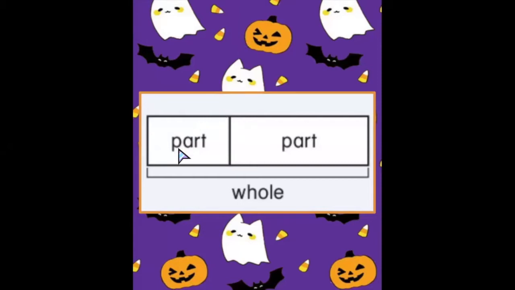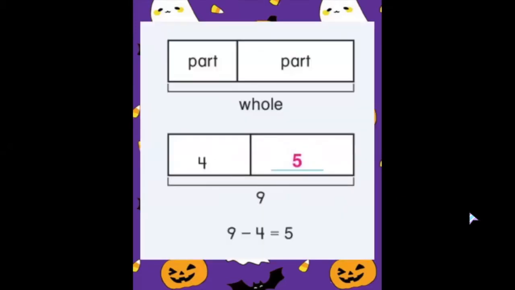This model shows us the parts and the whole in math problems. When we use them in subtraction, they help us solve math stories.